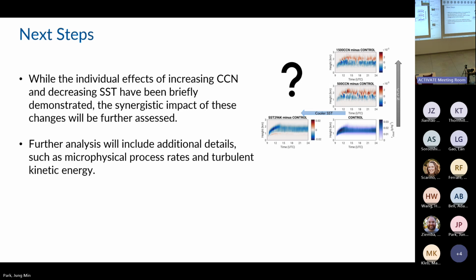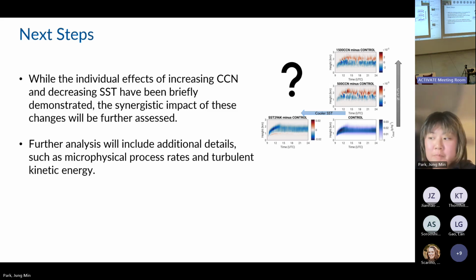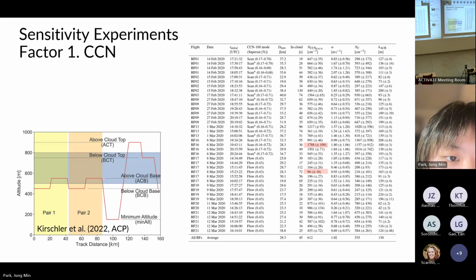I was wondering, when you had a table listing all the CCN values, are those at any supersaturation? I think it was at 0.43%. I think Simone knows better.